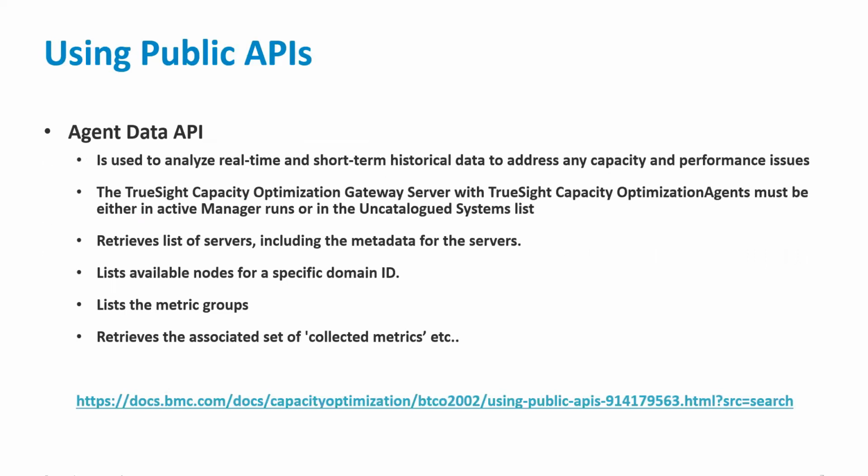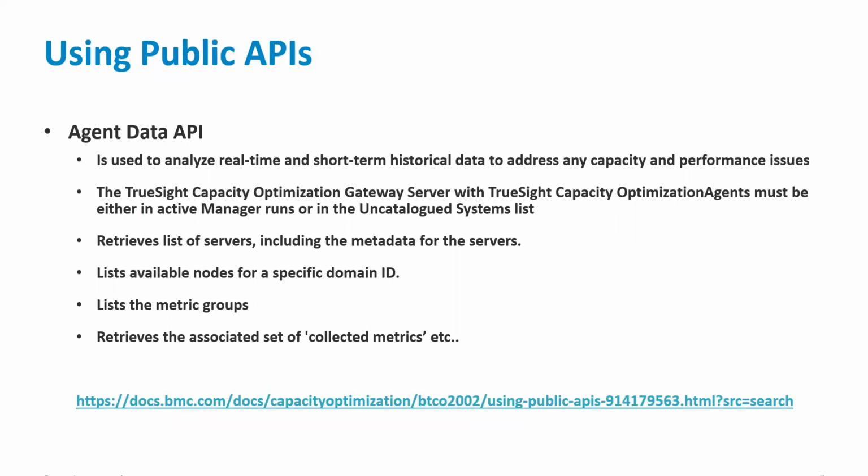The Agent Data API is used to analyze real-time and short-term historical data to address any capacity and performance issues in your environment. Prerequisites: you should have a TSCO gateway server with TSCO agents either in active manager runs or in the uncatalogued systems list.